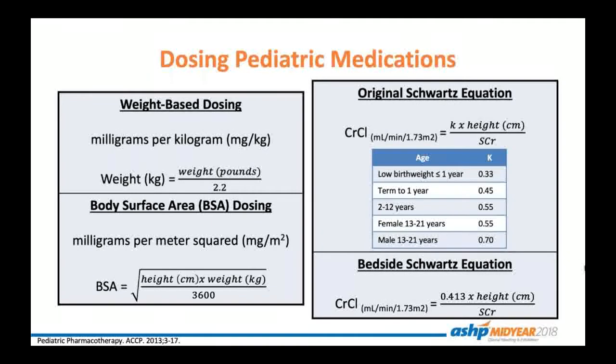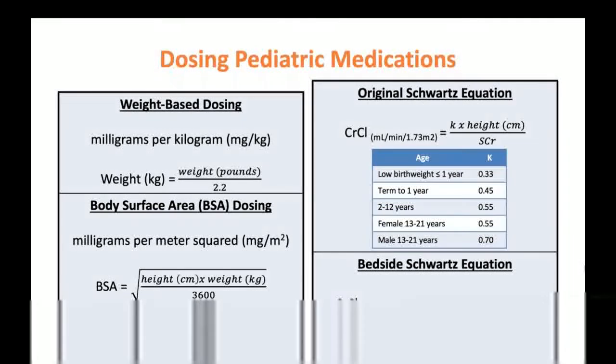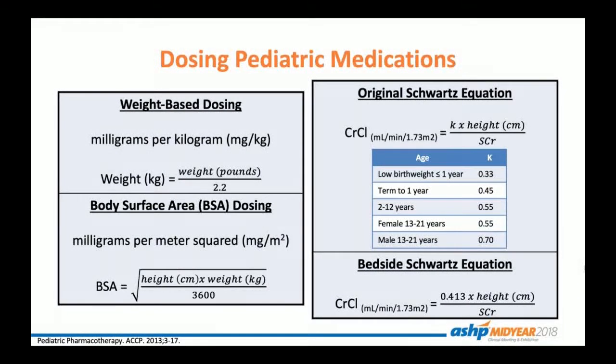It's also important to know how to calculate the renal function in order to perform a proper dose adjustment for your patients. The original Schwartz equation is likely the equation learned in school, and this equation uses a constant of K that is variable based upon age to calculate the creatinine clearance for your patients.